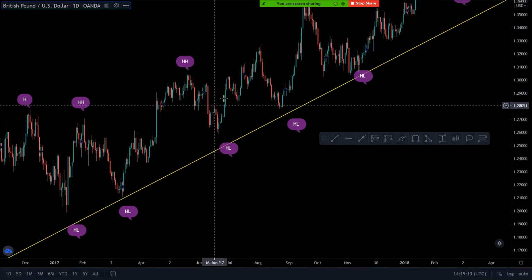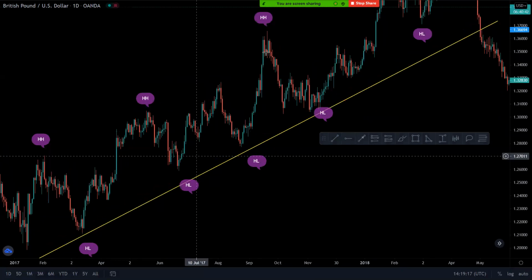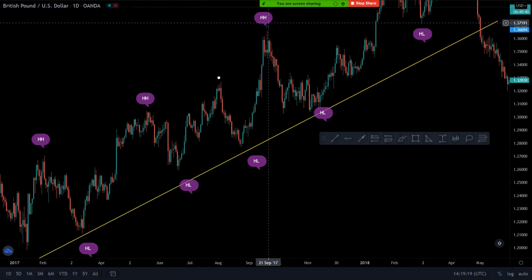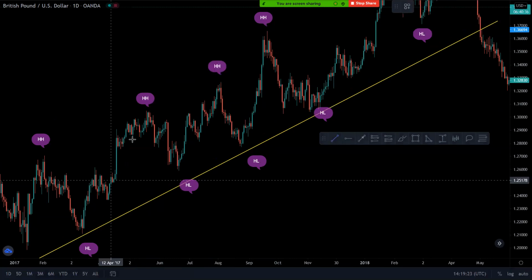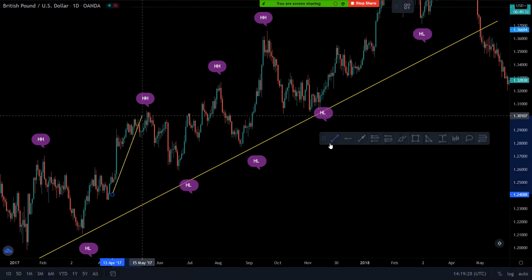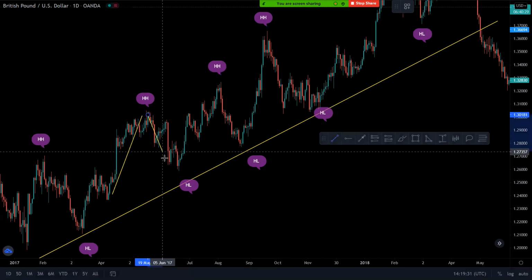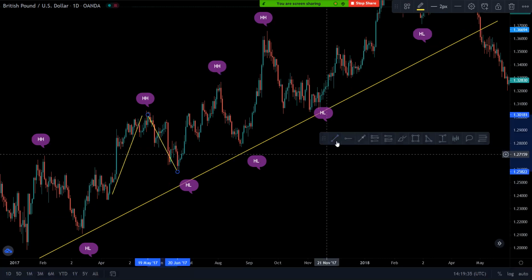Where's the area? Okay, yeah. So we have a higher high area, then we have a higher low formed.